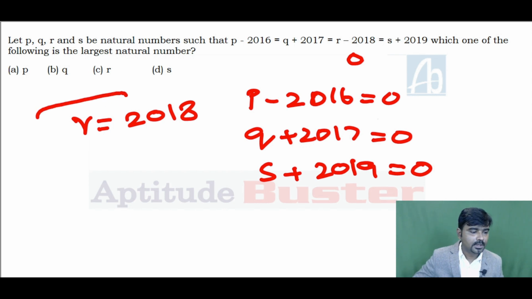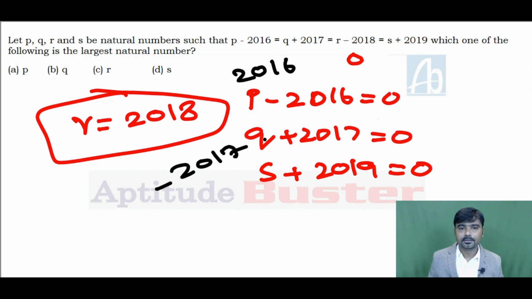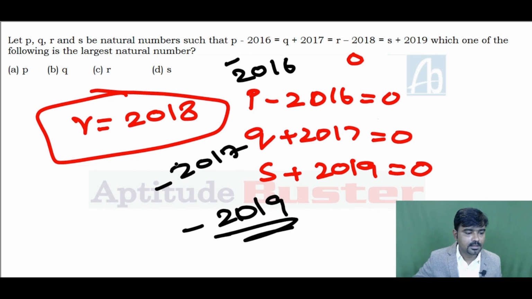So p is 2016, q is minus 2017, and s is minus 2019. Which is the largest value? Here r is the largest value. It's a very simple question.